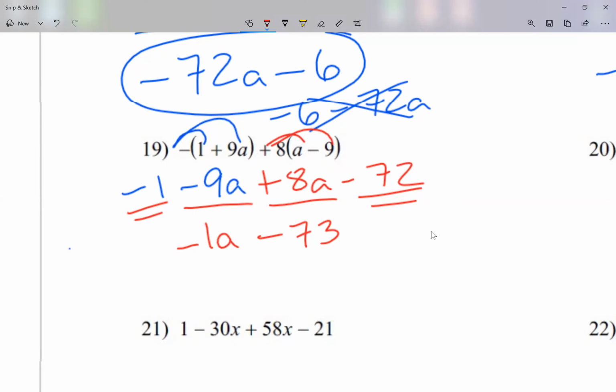So in this case, if this was a homework question, I will want you to type in negative a minus 73. Again, I want us to type the term that has the letter first, and when there's a 1 in front of the letter, we ignore the number 1. I'm not ignoring the sign, I'm just ignoring the 1. So negative a minus 73.